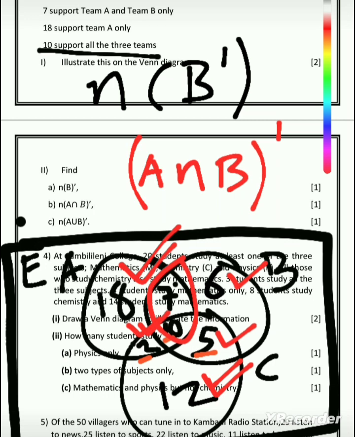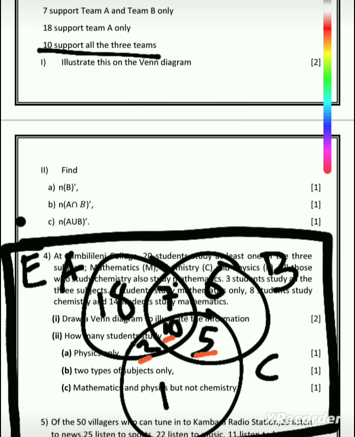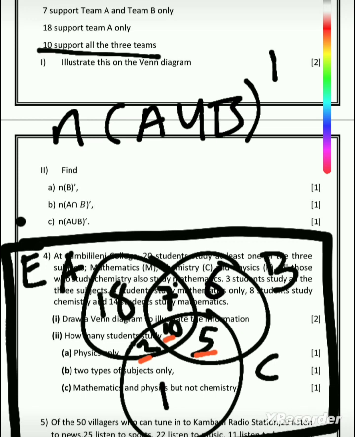Okay, then we continue. The last one says number of elements in A union B complement. So A union B, we know what it is. It's A and the B. So complement is everything outside these two.